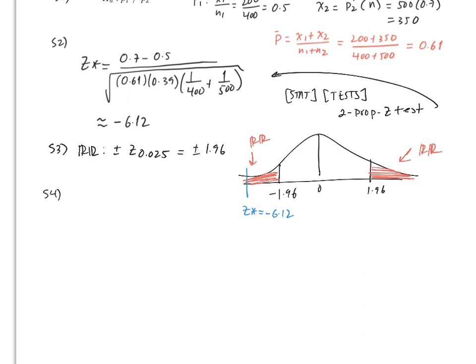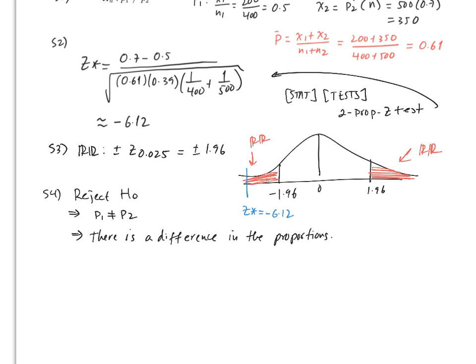So the conclusion is reject H0, which implies P1 is not equal to P2, which implies that there is a difference in the proportions. Since there is no context in this problem, this is enough for the explanation.